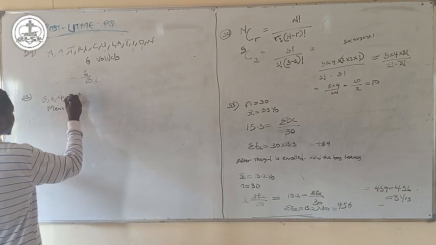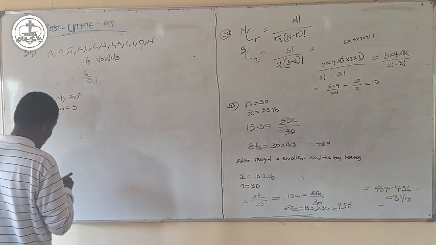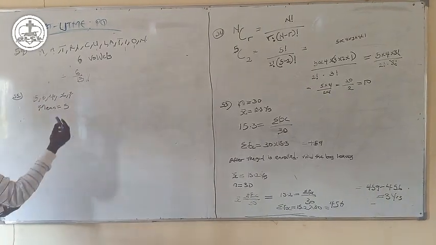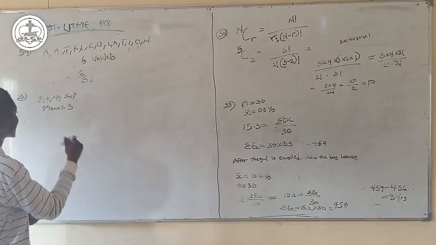Because there is an unknown number here, and we want to find the standard deviation, but the numbers are not complete, so we have to find this x.